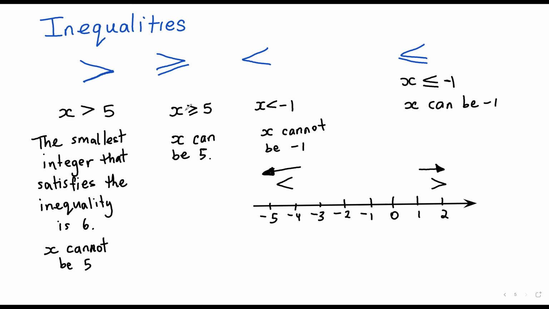Or when x is greater than or equal to 5, x can be 5 because it's including 5. So similarly, if x is less than -1, then x cannot be -1. It could be -2 or any number smaller than that. However, if x is less than or equal to -1, it can be -1.